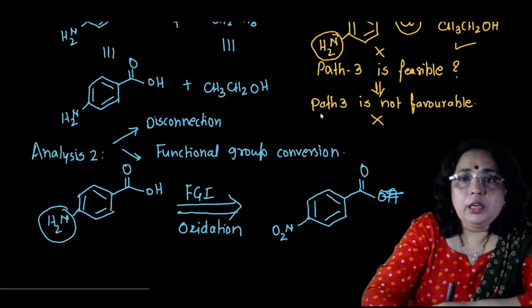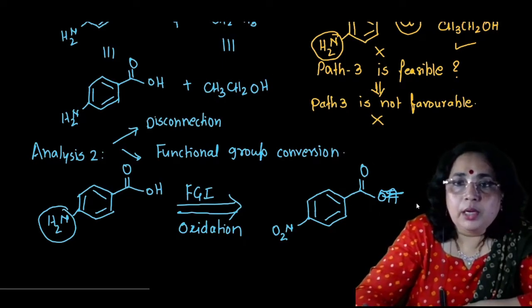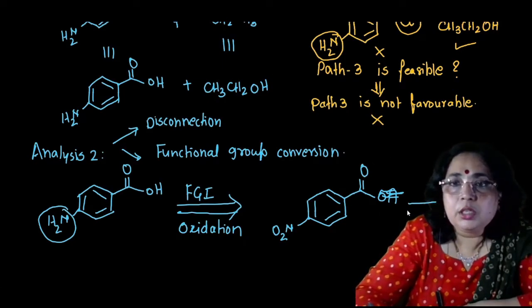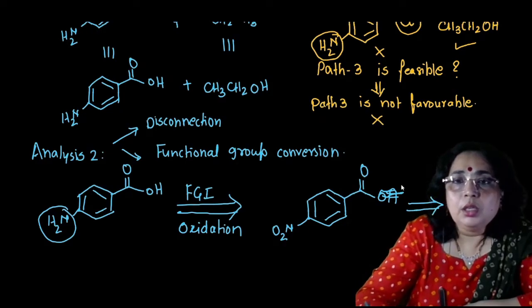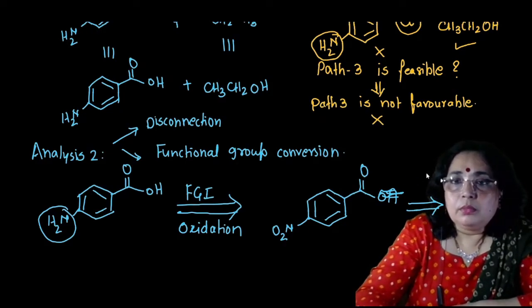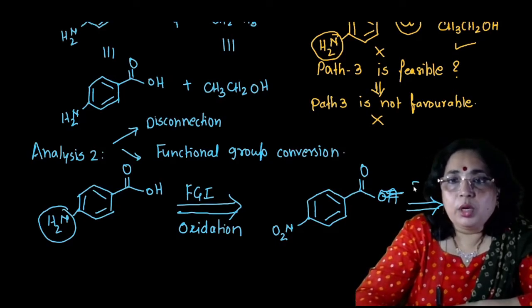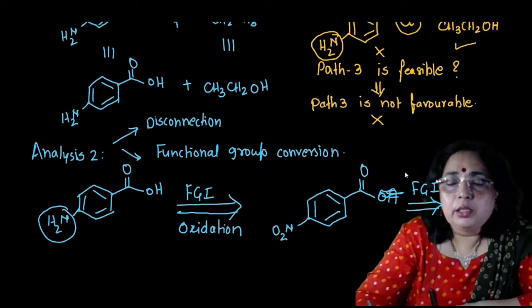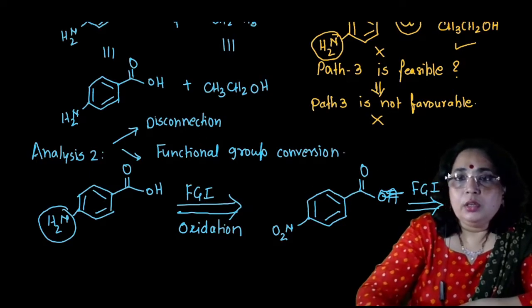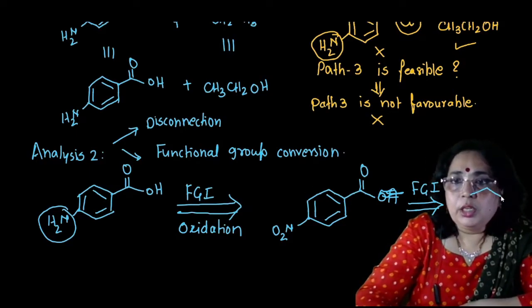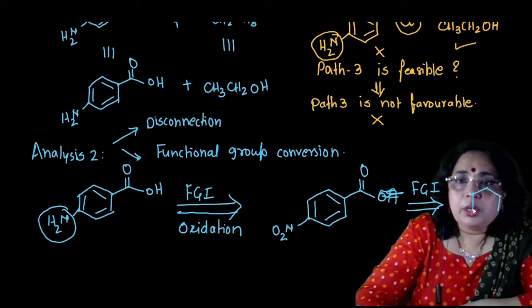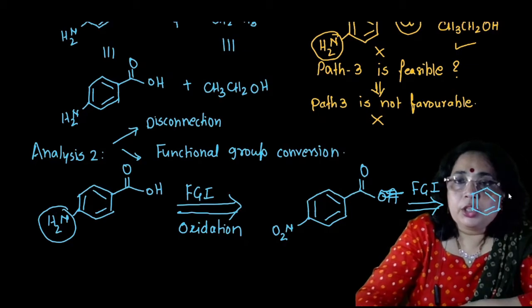Now again I want to convert this COOH into something simpler, so again I would like to use FGI. A basic chemistry is very important here.